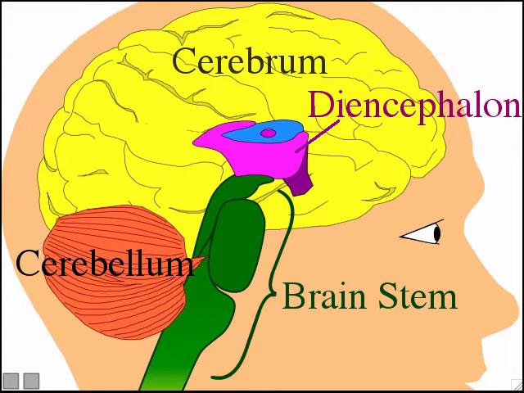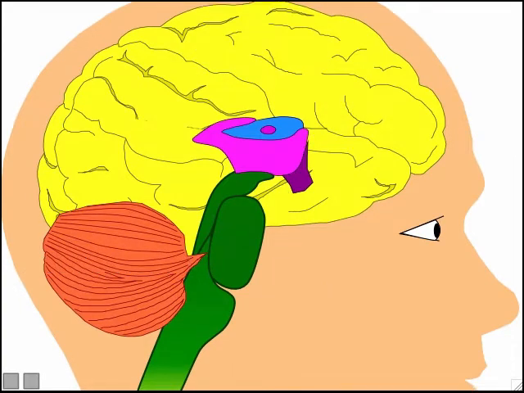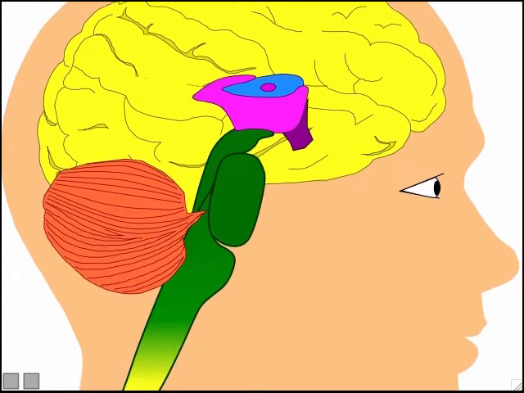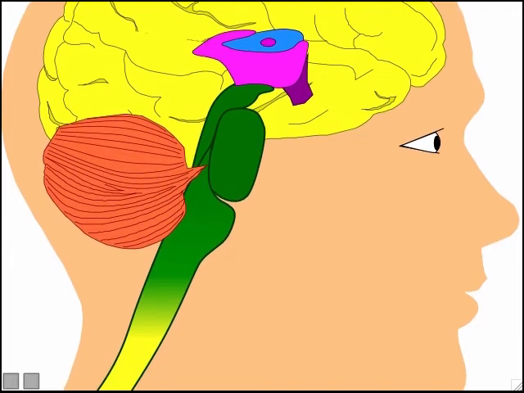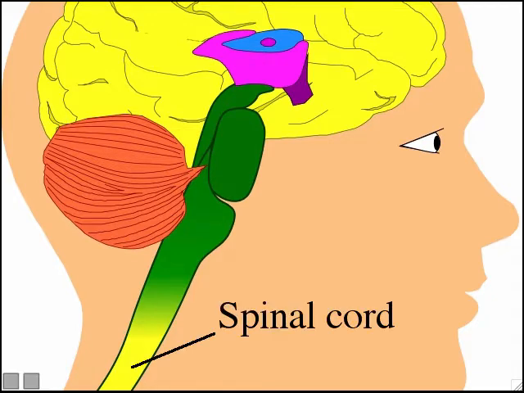Okay, well, remember that the brain is just one part of the central nervous system. And so now we're going to do the other part of the central nervous system, which is the spinal cord. So imagine we just look a little bit further down right there, and starting in yellow right there, that represents the spinal cord.